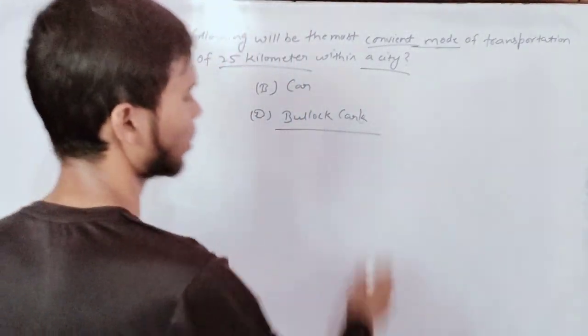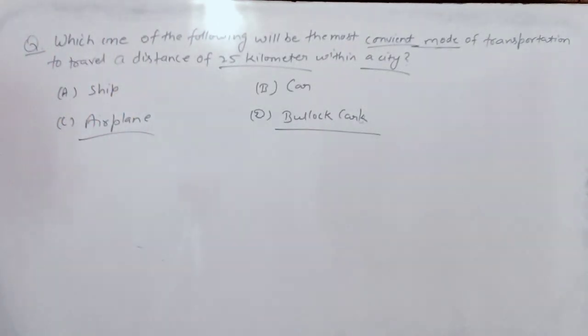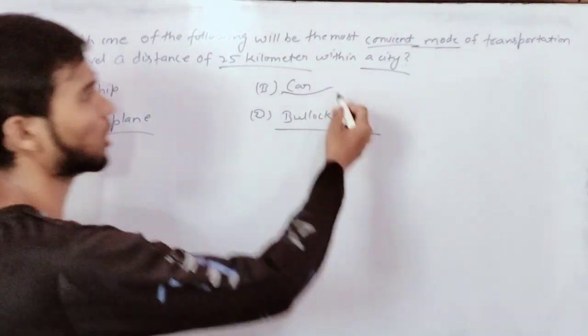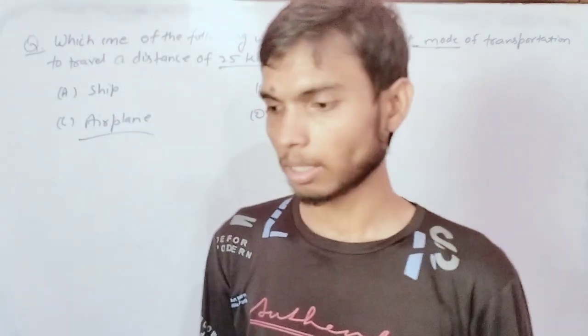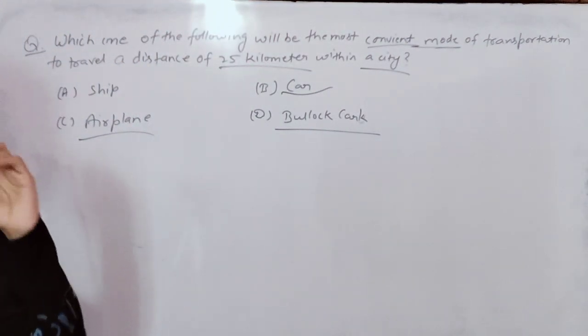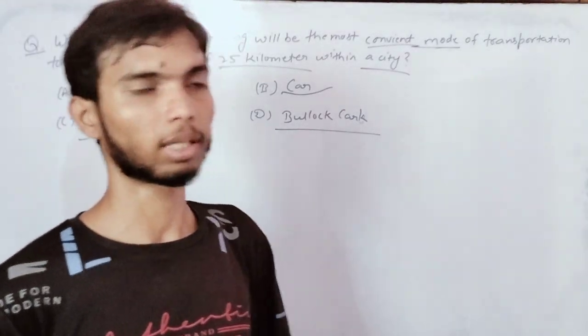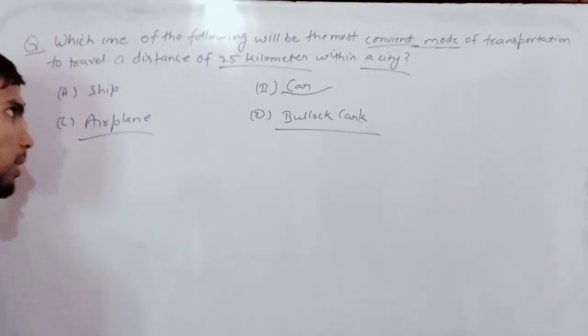Bullock cart? No, it will take more time. So yes, C. By selecting a car we can go anywhere within a city. It will take less time than a bullock cart. A bullock cart will take more time.